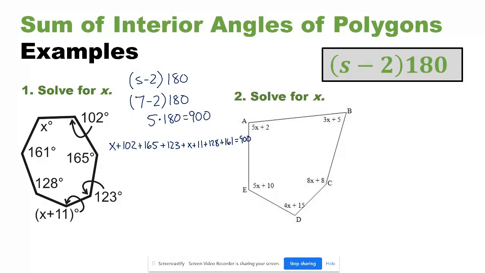And so what I want to do now is combine my like terms. Well, the x's are easy. There's only 2 of them, so we'll have 2x. The other numbers, that's going to take a little bit of work. I'm going to just work this out to the side. We have the 102, the 165, the 123, the 11, the 128, and the 161.